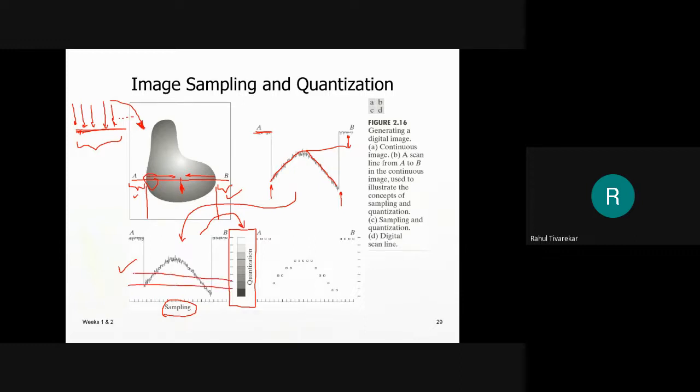So what we generally do is, suppose I want to quantize into eight amplitude levels or eight intensity levels, then I will mark those eight intensity levels like this. Whatever intensities fall within this boundary, I will treat as only one intensity level. So you can see that these three pixels are considered to be of the same intensity. Actually, if you observe here, these three pixels are of different intensity.